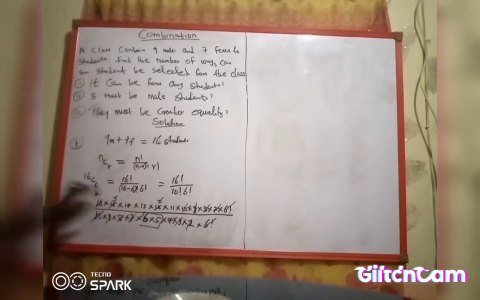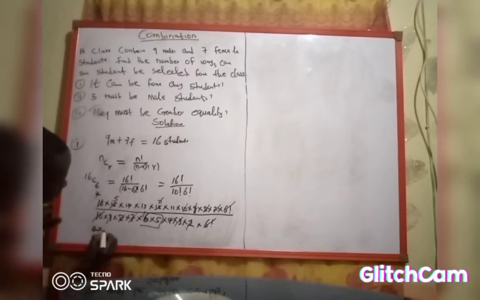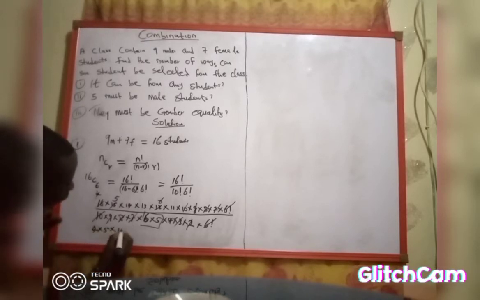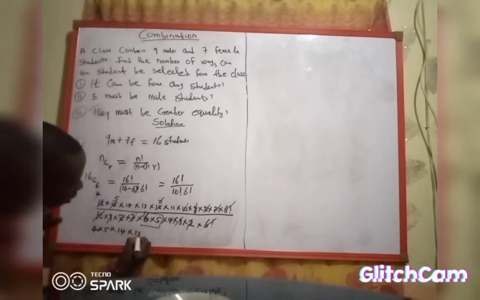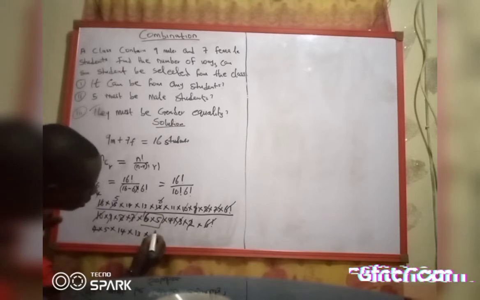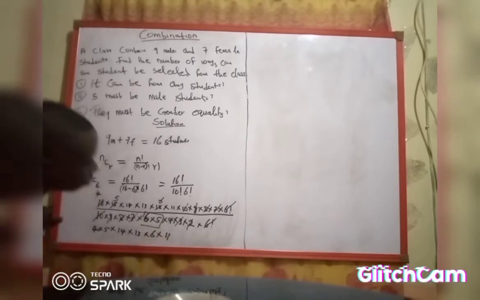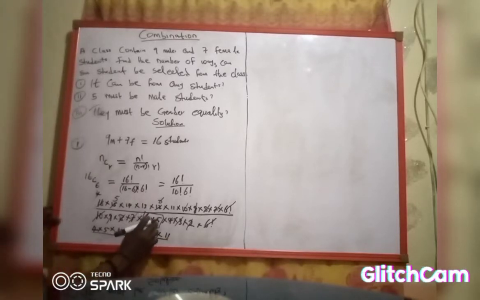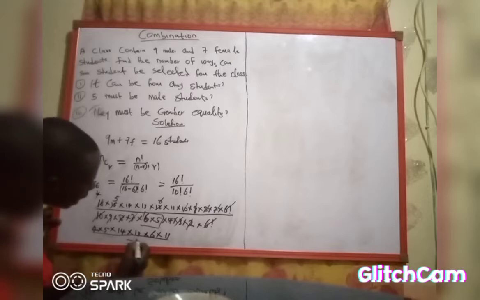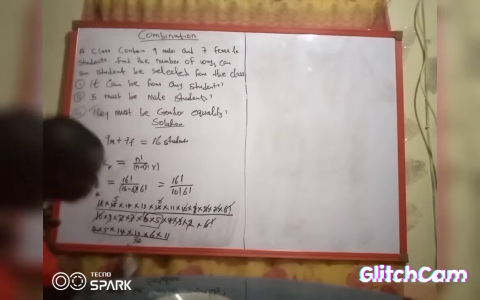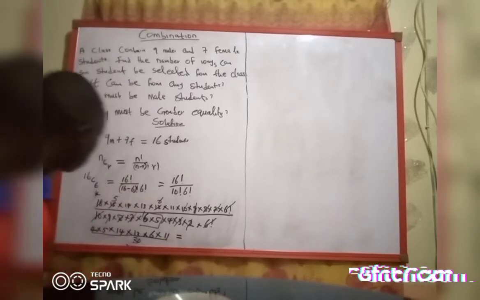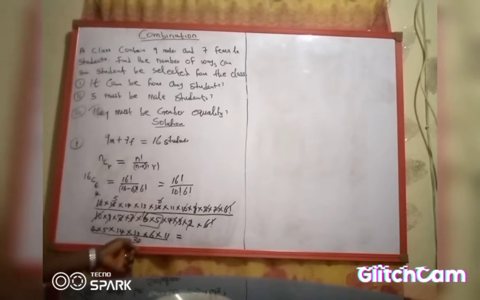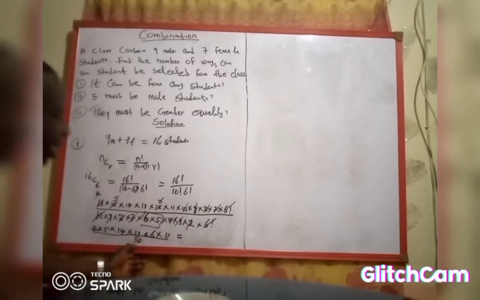So I can say 4 times 5 times 14 times 13 times 6 times 11, all over 6 times 5. I have 30, which is equal to 4 times 5 times 14 times 13 times 6 times 11 divided by 30.